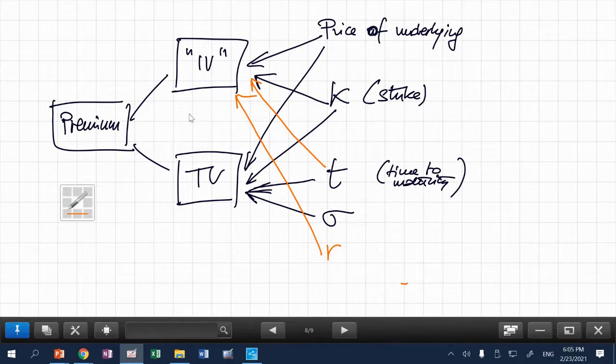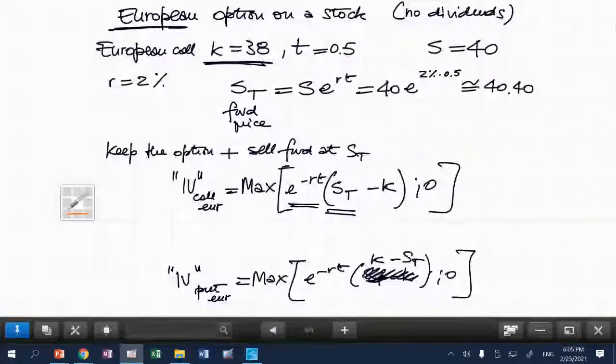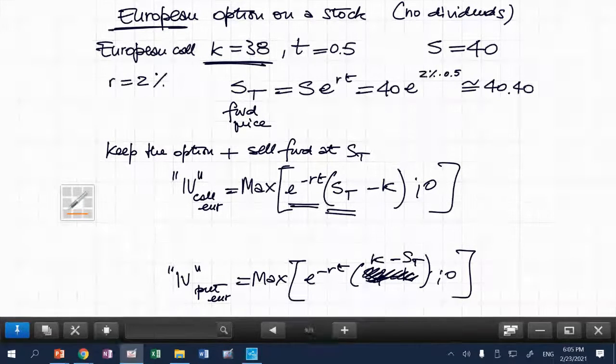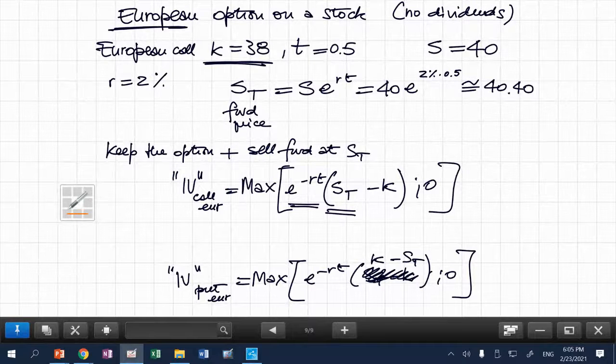Why do you have more? For a simple reason. Here we had an option paying no dividends, okay? Imagine for simplicity, you have an option that pays dividends. Imagine, for instance, a continuous dividend yield. If you had an option with continuous dividend yield, how would this formula change?